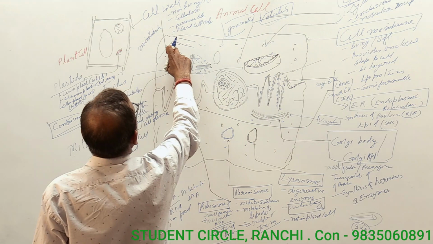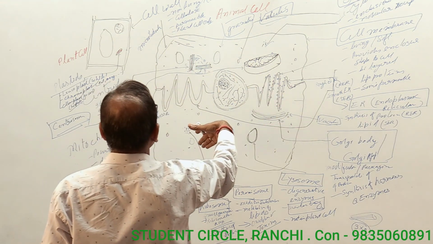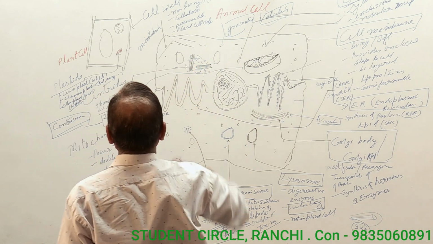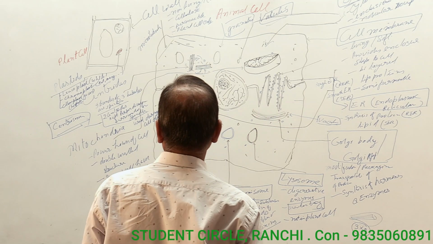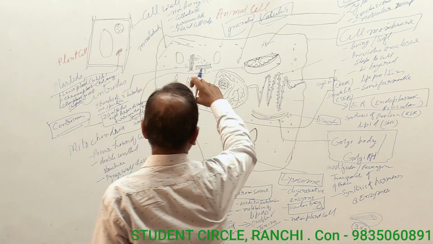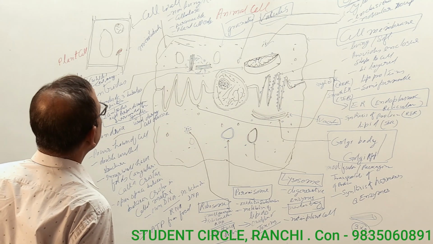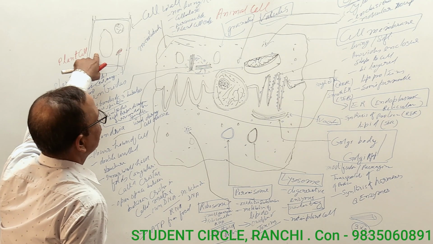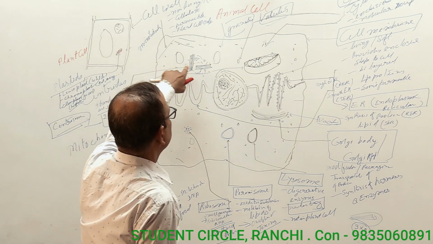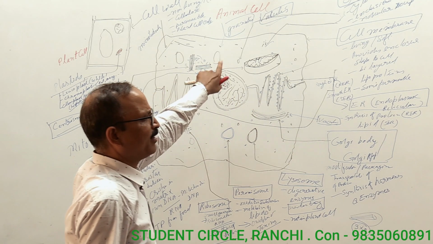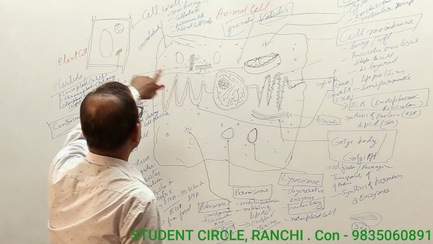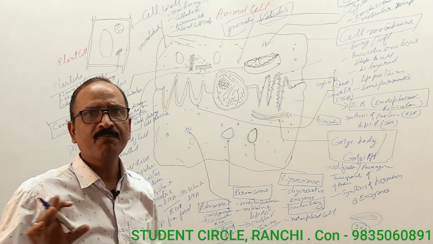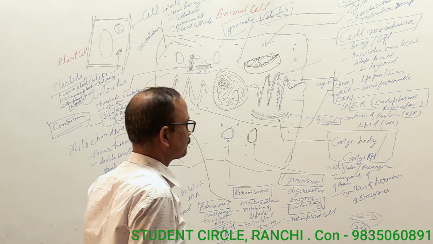Then microtubules providing shape to the cell. We have centrioles, 2 centrioles kept perpendicularly surrounded by protein spindles. Centrosome is used during cell division. The difference between plant cell and animal cell is vacuoles. In animal cell, we have a number of small vacuoles, but in a plant cell, we have a single large vacuole. This is the difference between plant cell and animal cell.